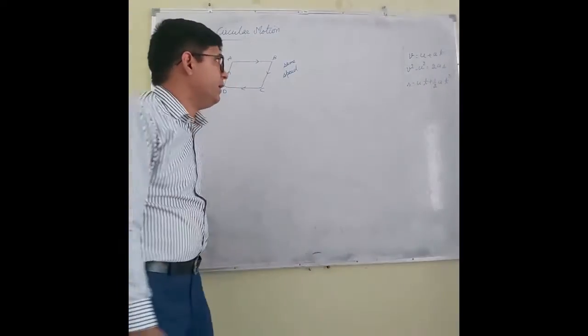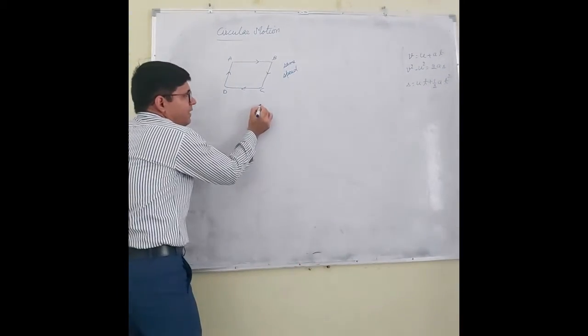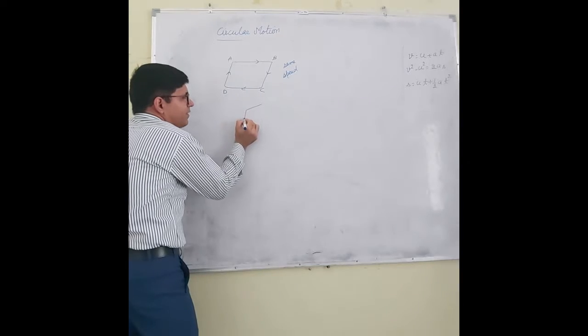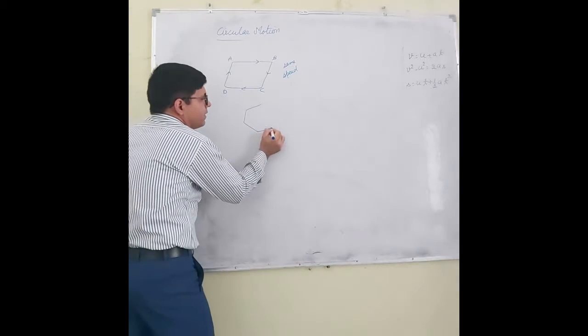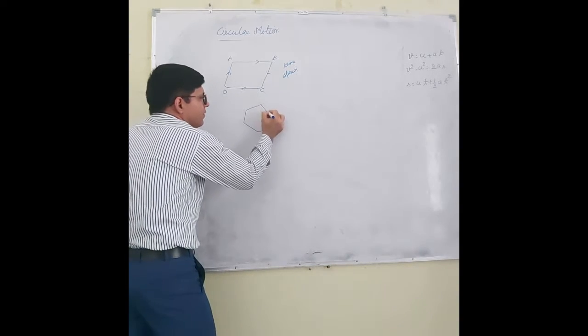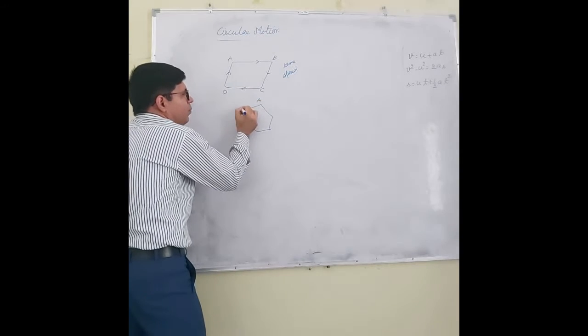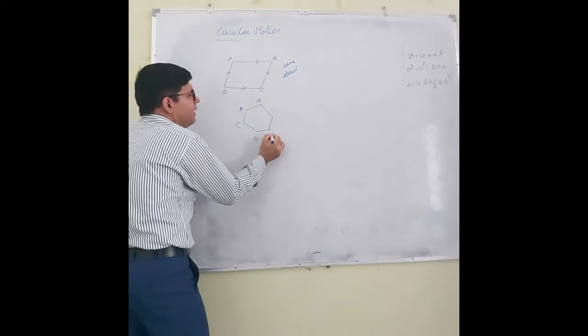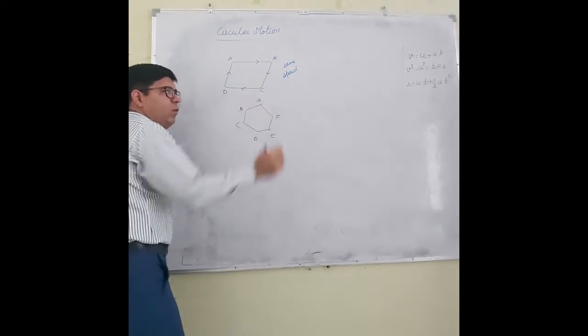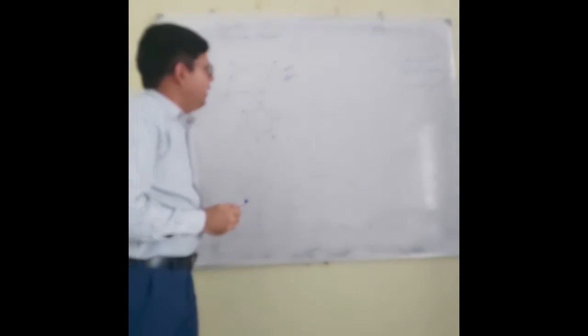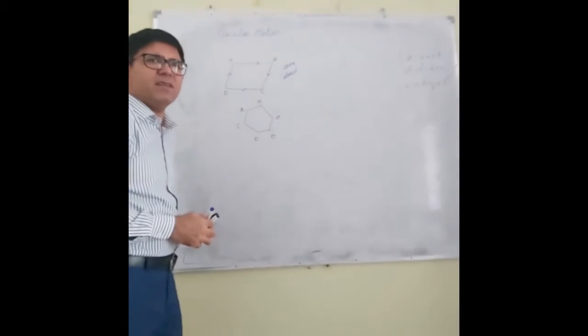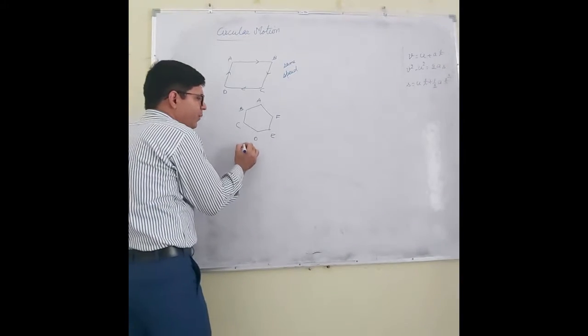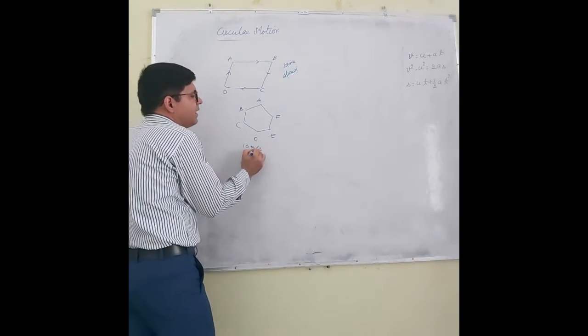Another one is this. Let us say the body is describing its motion along A to B, B to C, C to D, D to E, E to F and F to A. And the speed of the body remains the same. Let us say the speed of the body remains 10 meters per second.